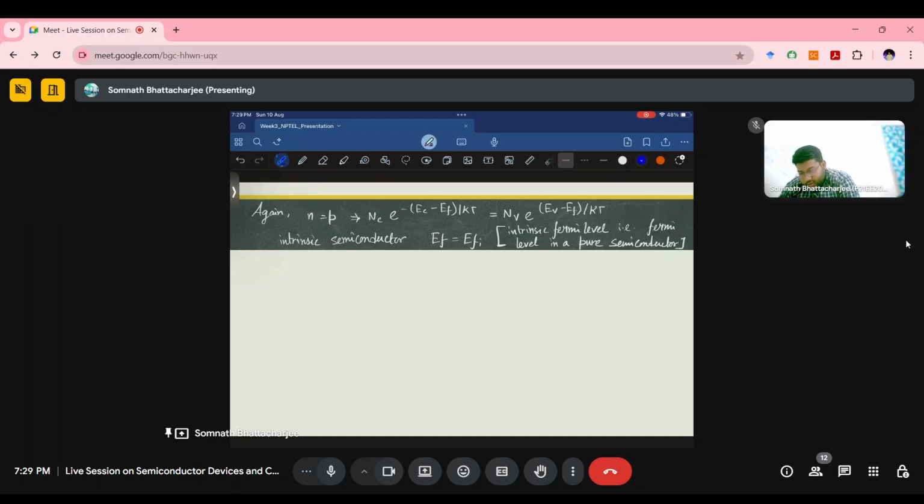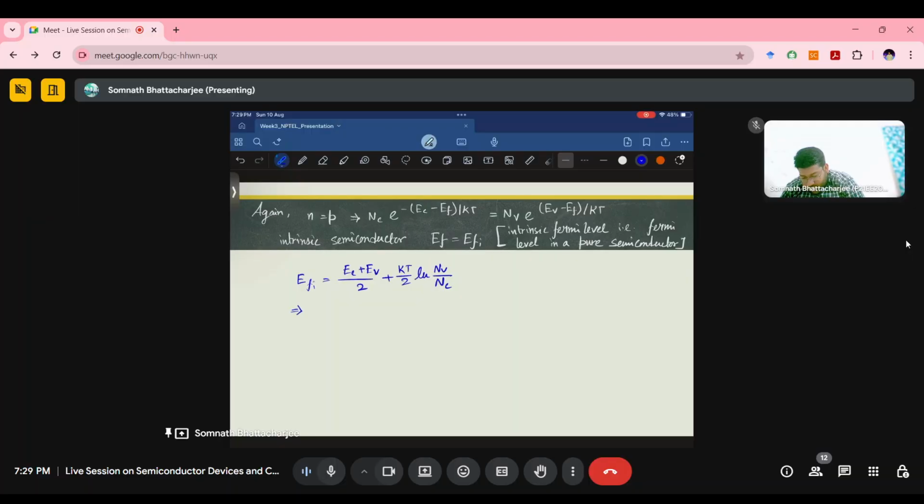So from this we can get the value of EFI as EC plus EV divided by 2. I'm not solving that, I'm just writing the formula here. So this would look like this: NV by NC.